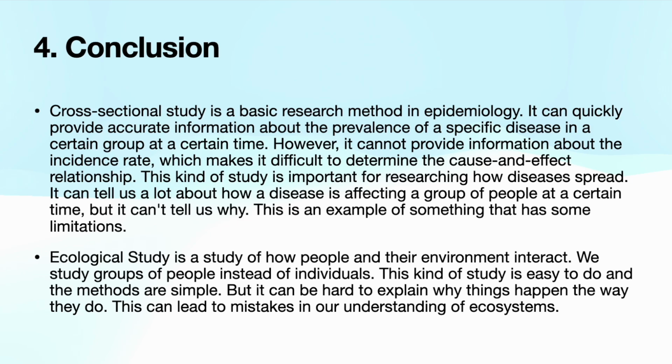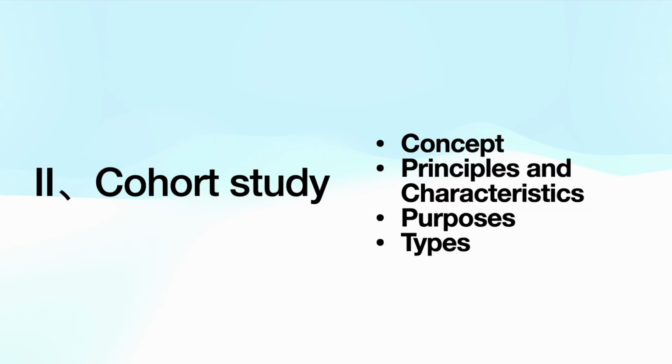It can quickly provide accurate information about prevalence of a specific disease in a certain group at a certain time. However, it cannot provide information about the incidence rate, which makes it difficult to determine the cause and effect relationship. An ecological study is a study of how people and their environment interact. It is simple, but it can lead to mistakes in our understanding of ecosystems.